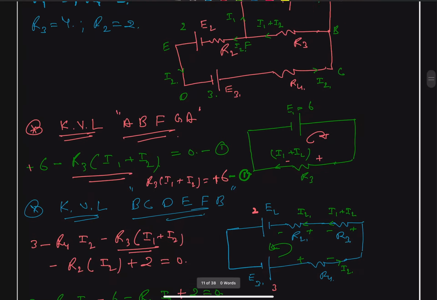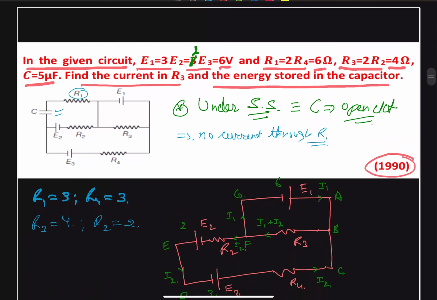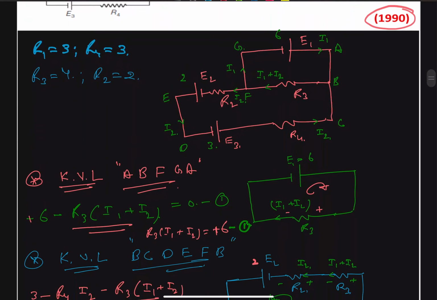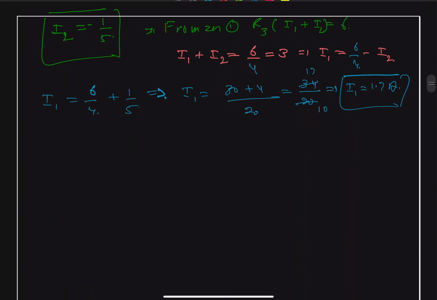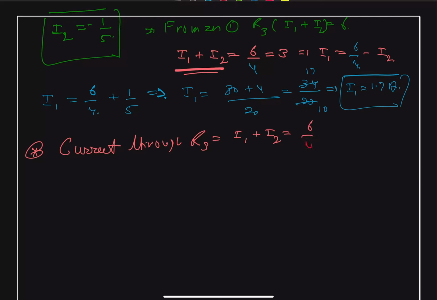So we need to find out the current through R3, and the current through R3 is our I1 plus I2. Therefore we can say that current through R3 is equal to I1 plus I2, and our I1 plus I2 is equal to 6 by 4, because we already found it here, that is our 6 upon 4.